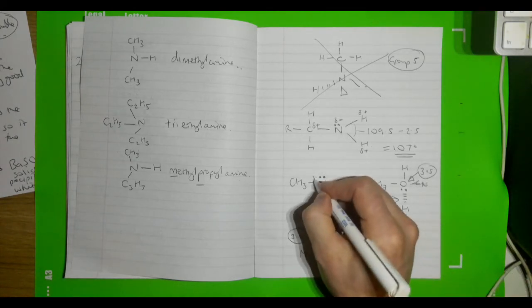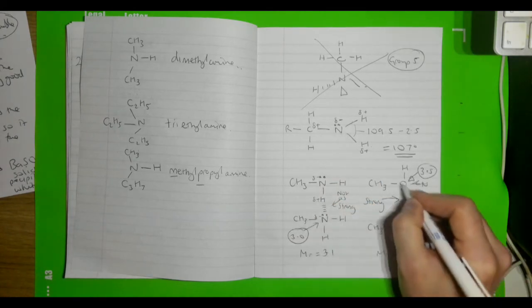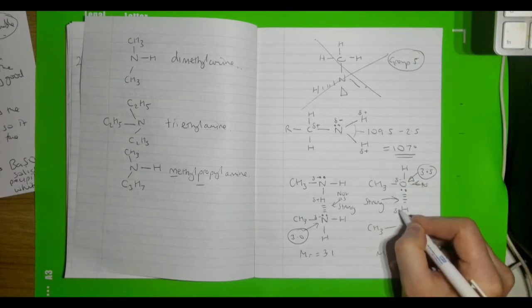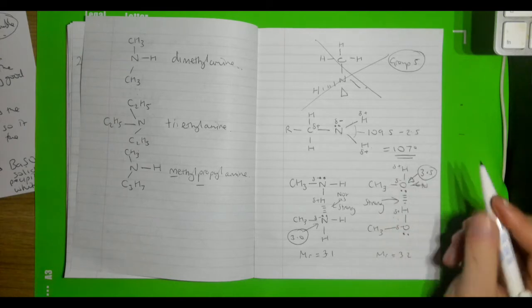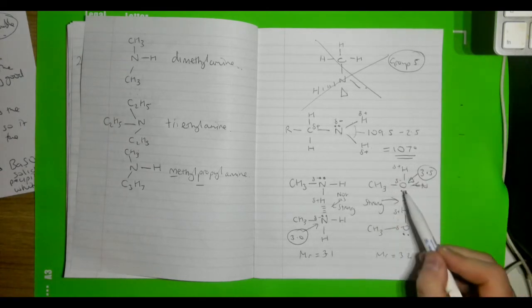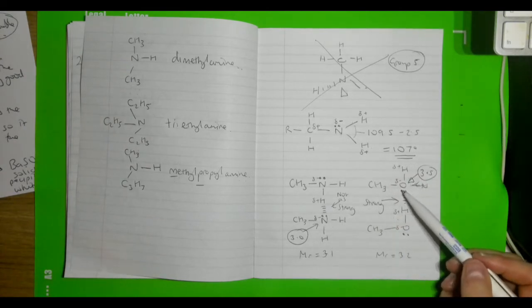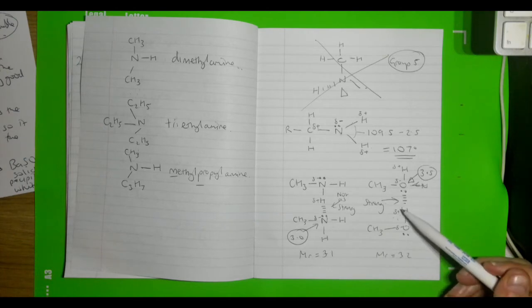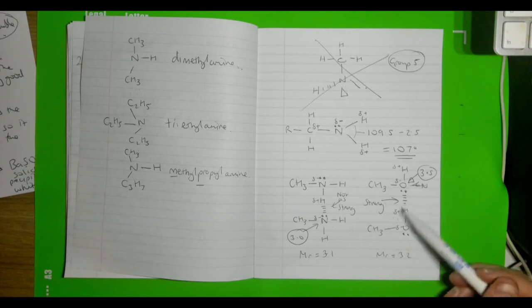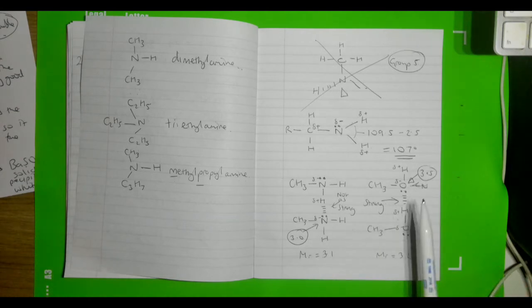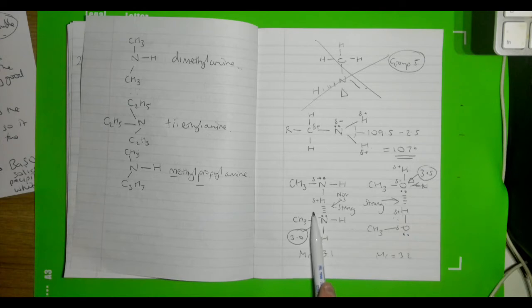So if we draw dipoles in here now, what we'll find is if the electronegativity of oxygen is higher than nitrogen, then the hydrogen bond is going to be much stronger. And if the hydrogen bond is going to be much stronger, it's going to take more energy to overcome those hydrogen bonds. Therefore, the melting point and boiling point of this structure here is going to be higher than the melting point and boiling point of that structure there.